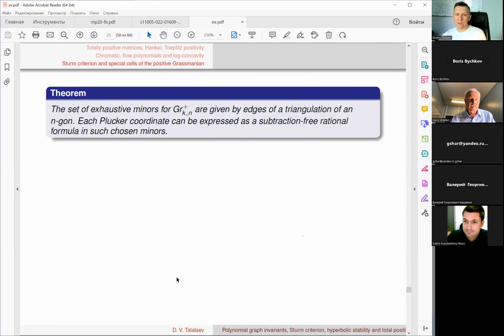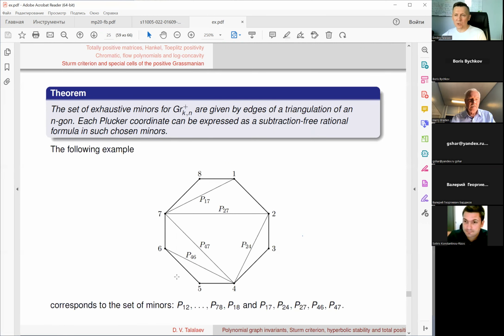And there is a theorem in the particular case of the Grassmannian of 2-planes in n-space. The set of exhaustive positive coordinates on this Grassmannian is given by the triangulation of the n-gon.